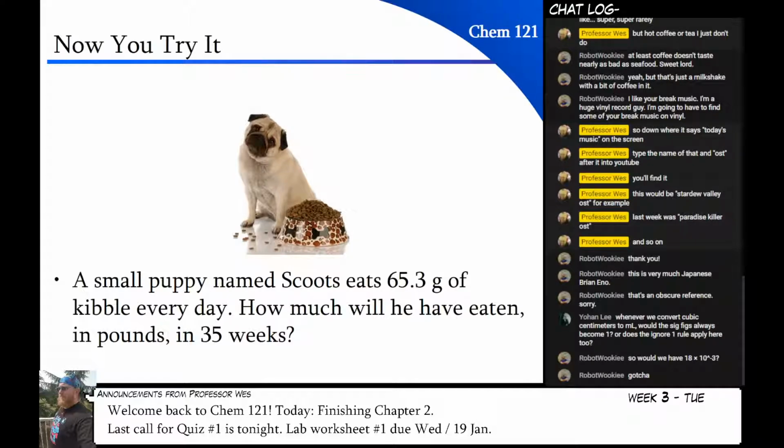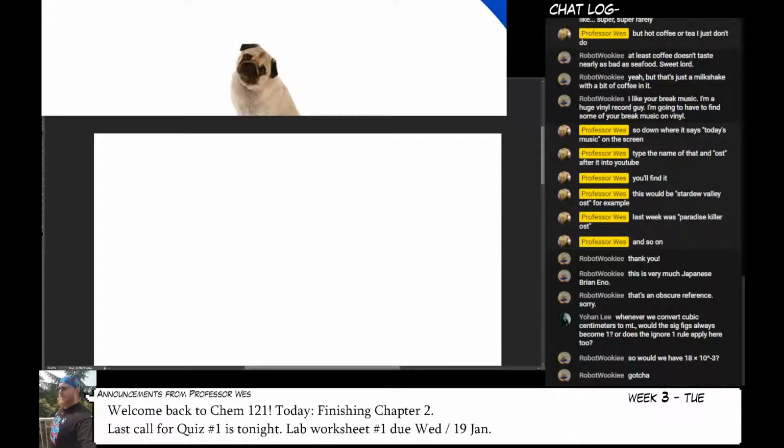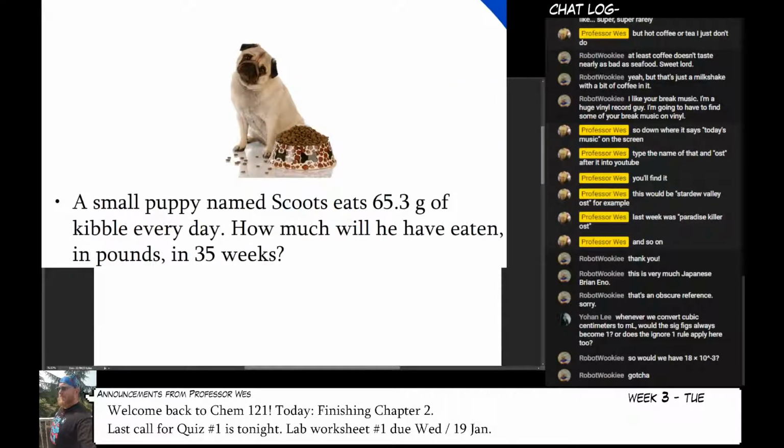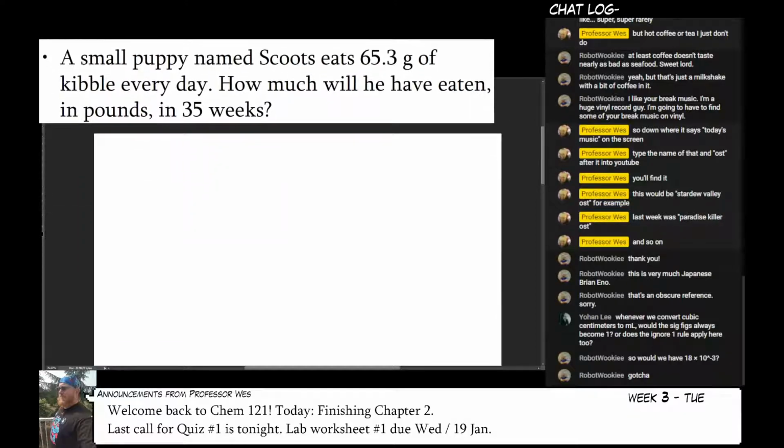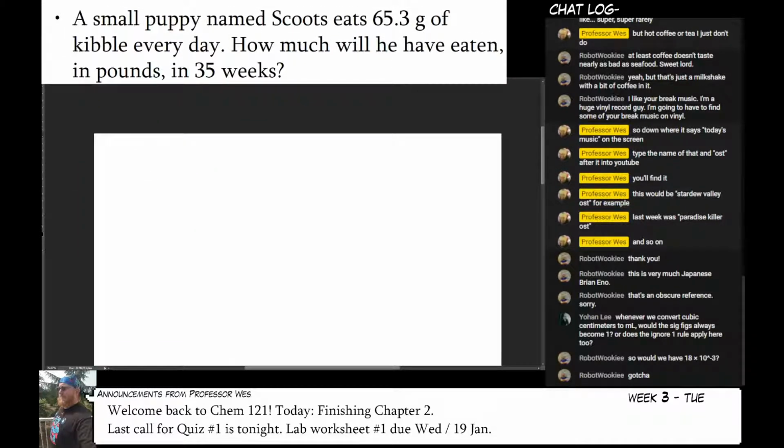All right, hopefully you've got part of the problem done, if not all of the problem done. Oops, we can't capture Scoots in this because I need that space for the problem. All right, so let's write down what information we know.